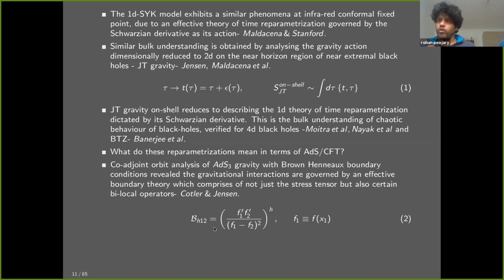This form would be used to compute the 6-point function by Anous and Haehl, and I will explain where this comes from. This particular insight about reparametrization modes came from the BTZ analysis, the much more thorough analysis of Cotler and Jensen in 3 dimensions, which underpins this kind of an evolution.